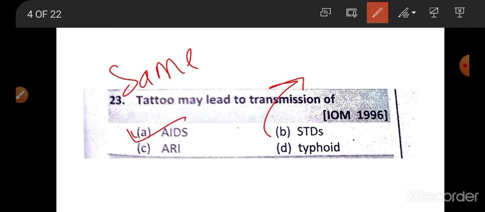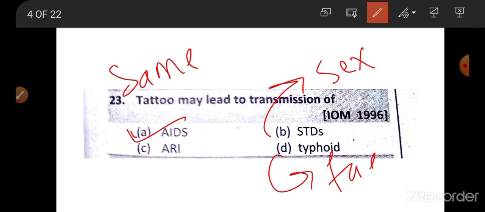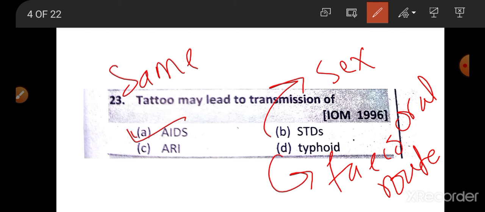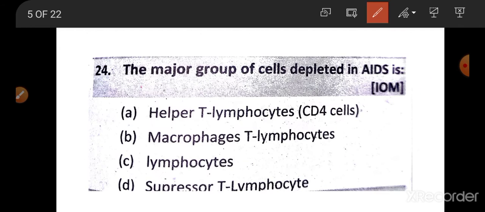STD is transmitted by sex. Typhoid is transmitted by fecal-oral route. So tattoo may lead to the transmission of AIDS.